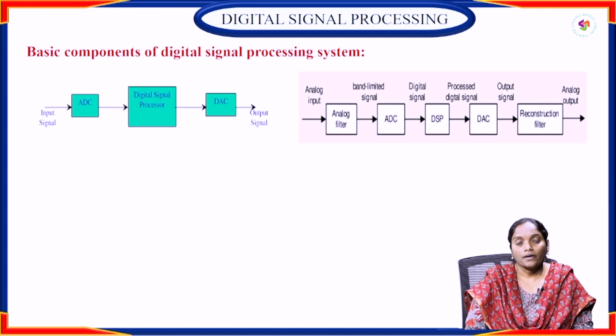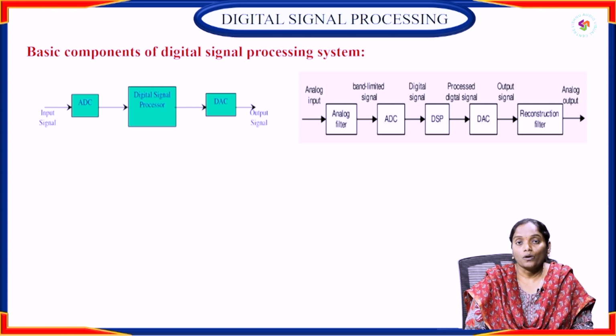All the signals available in nature are in analog form, continuously varying with respect to time. So first, we use a transducer that converts any form of signal into an electrical signal. That electrical signal we provide to the first block, which is an analog filter.